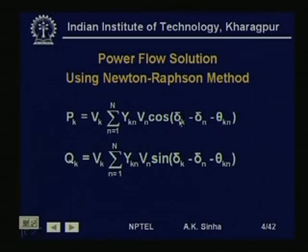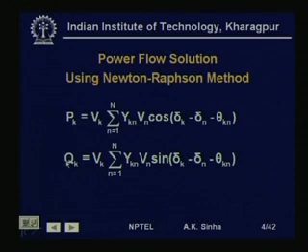Delta_k is the voltage phase angle at bus k, delta_n is the voltage phase angle at bus n, and theta_kn is the angle of the admittance between bus k and n, that is the angle associated with the element y_kn, the kn element of the Y bus matrix, and |y_kn| is the magnitude of that element.